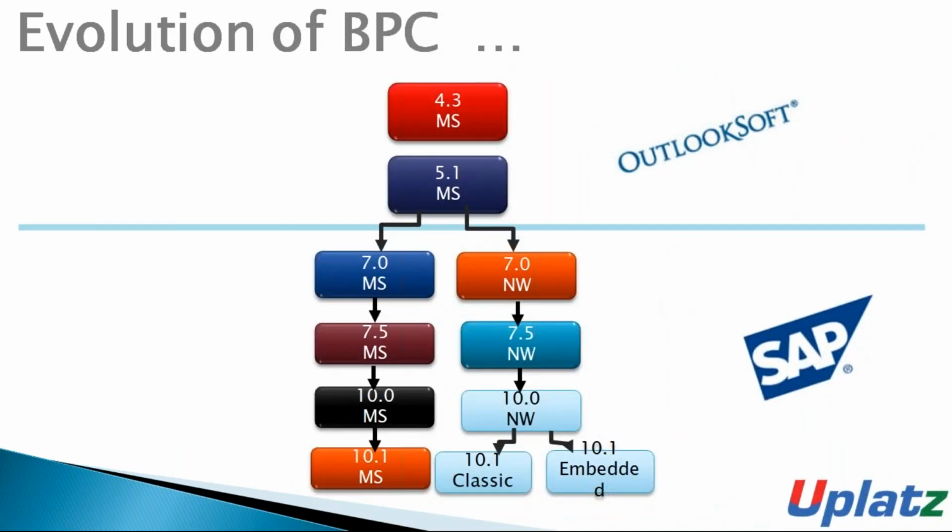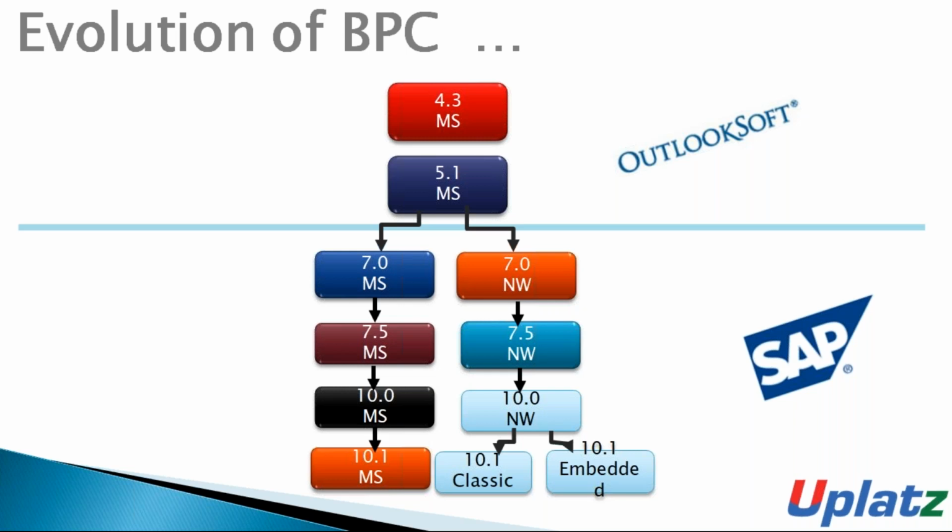And this is the evolution of BPC. As I said, BPC is not a tool that was invented by SAP directly. It was migrated from another tool called OutlookSoft. Initially, OutlookSoft started from the 4.3 Microsoft version, and after that 5.1 Microsoft version.